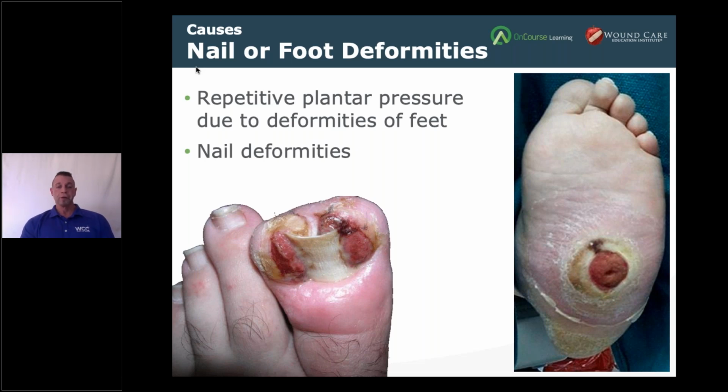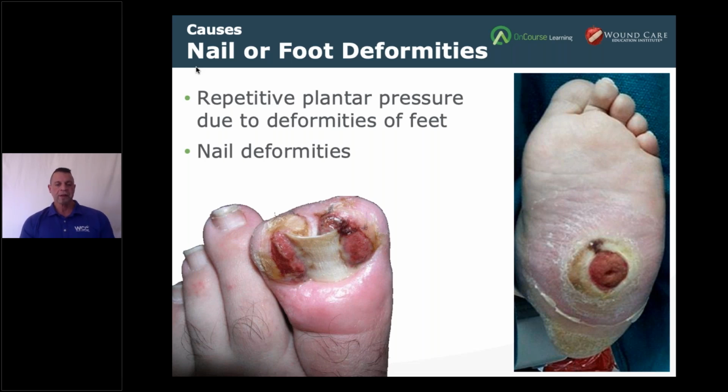Well, now you take a foot deformity where you've got a pronounced area of deformity, okay, and a pronounced area of bony prominence, so to speak, and now you walk on that every day. And if they're not wearing, again, appropriate footwear to offload it, you are going to repetitively be hammering on that point day in and day out, step after step, okay?